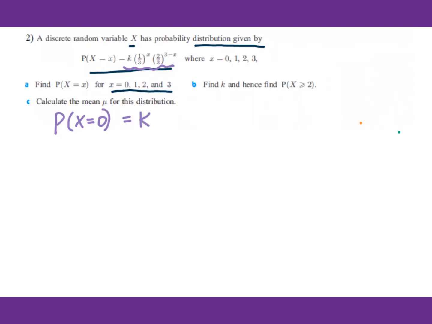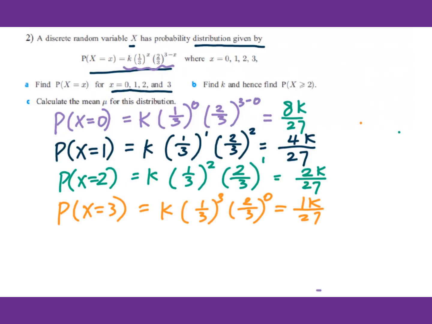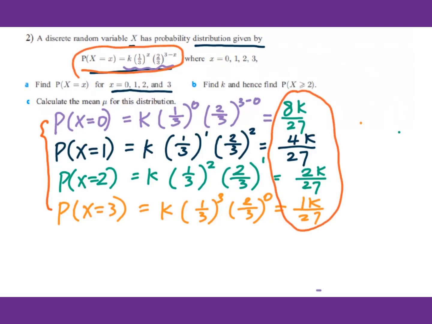So we get 1 over 3, 2 over 3. We just need to plug x equals 0, 1, 2, 3 into this formula. You will get this for the probability.